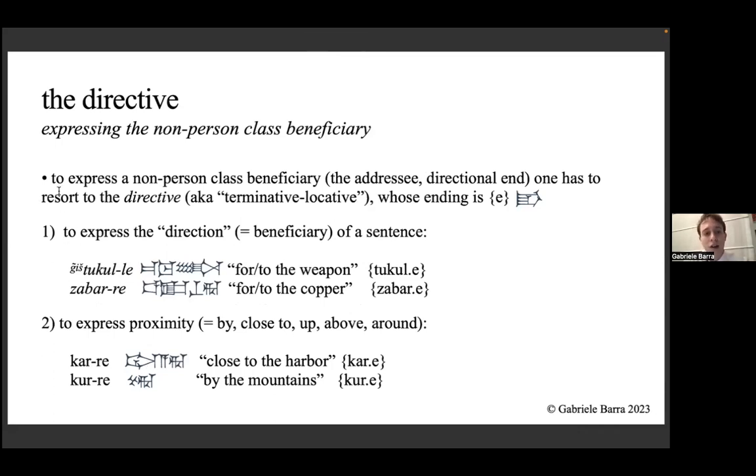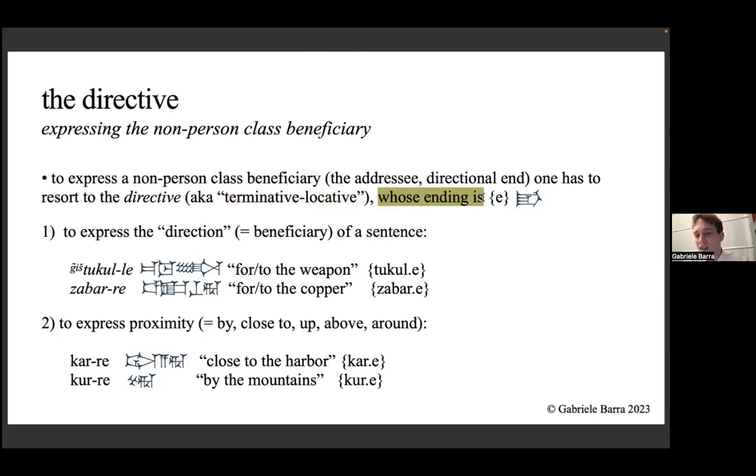So what is the directive? It serves two purposes. To express non-person class beneficiaries, so for the house, to the temple, towards the house, those sort of things. And it also so happens to be called the terminative locative because it has a twofold function.